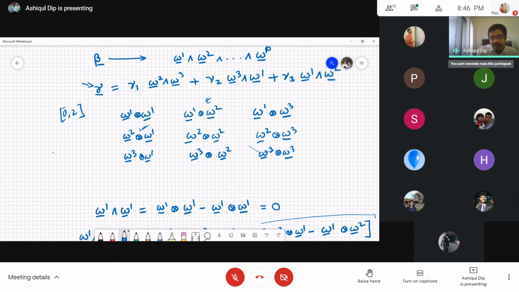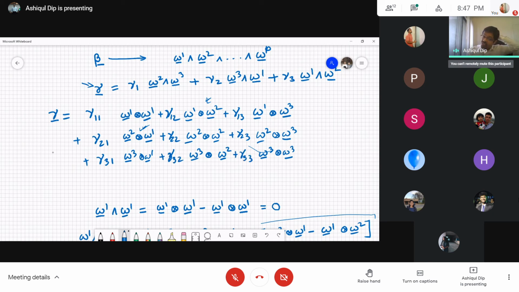So let's write our gamma like this. Gamma is a tensor, which is like gamma 1 1 times this thing plus gamma 1 2 times that thing plus gamma 1 3 times that thing plus gamma 2 1 plus gamma 2 2 plus gamma 2 3 plus gamma 3 1 plus gamma 3 2 gamma 3 3, right?